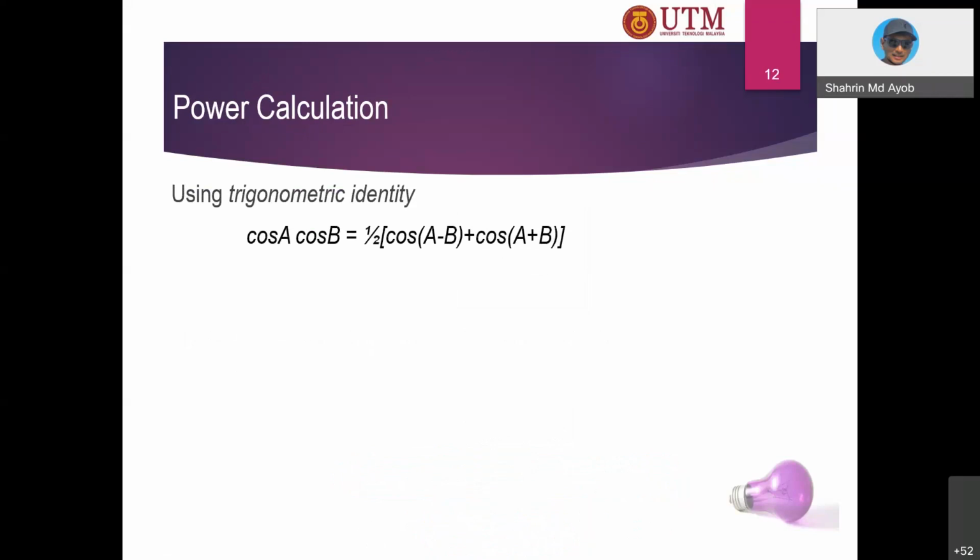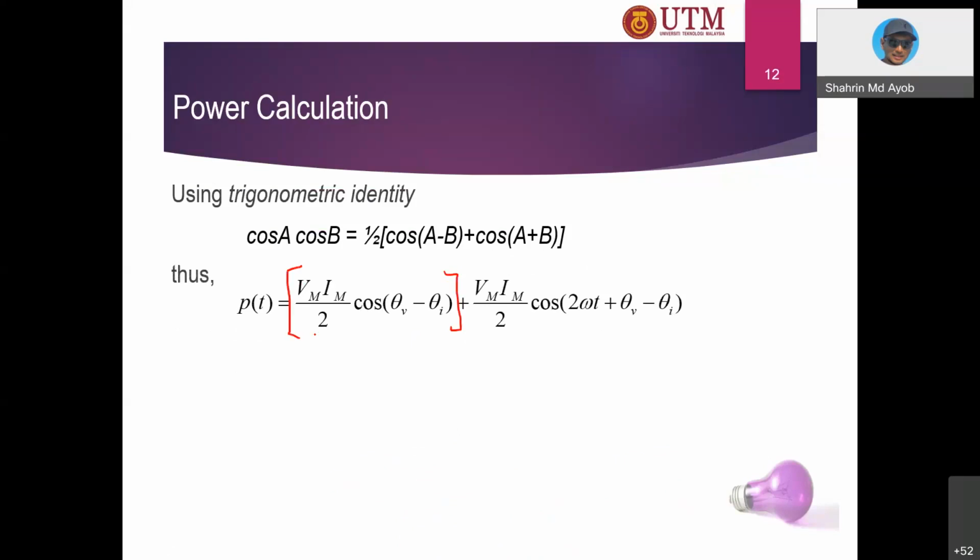Then by using the trigonometric identity, we know that cos A cos B is equal to this one. So we rewrite the equation of our instantaneous power like this. We have this first term, and then the second one. As you can see, the first term is a constant because we don't have omega t here. But for the second term, we have omega t.